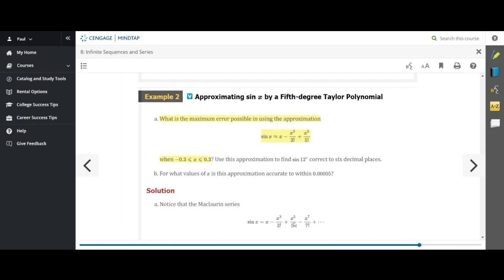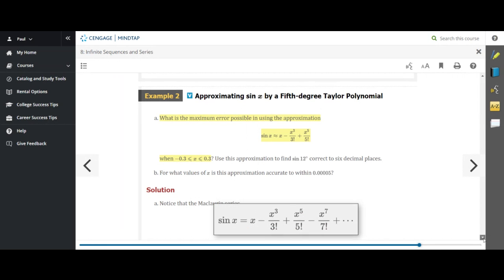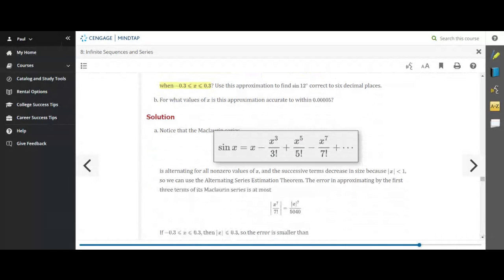So notice here's the Maclaurin series. What kind of series is this? What do the terms do? Plus, minus, plus, minus, plus, and so forth. They alternate. And when you see an alternating series, you can think of the alternating series estimation theorem.